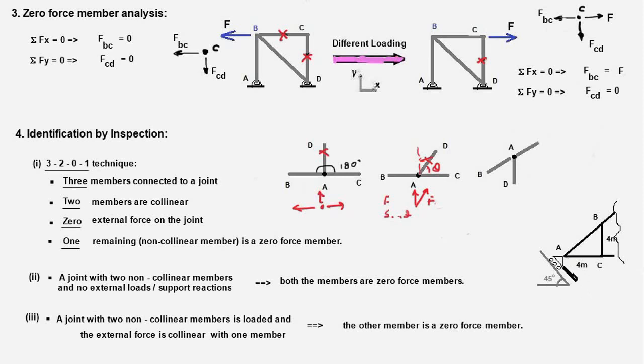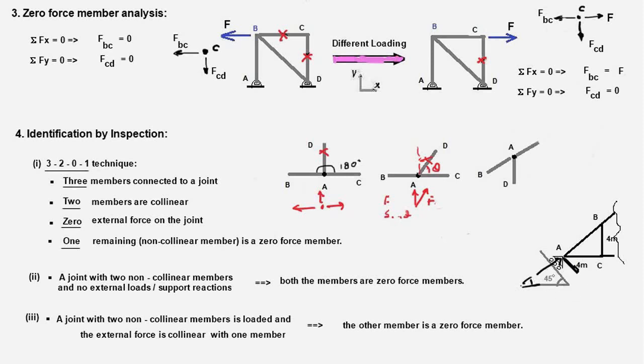So when we draw FBD of the truss and replace this with a reaction force, the force would be like this. The force will make an angle of 45 degrees with the horizontal, because this is 45, this will be 90, so this will be 45 degrees.